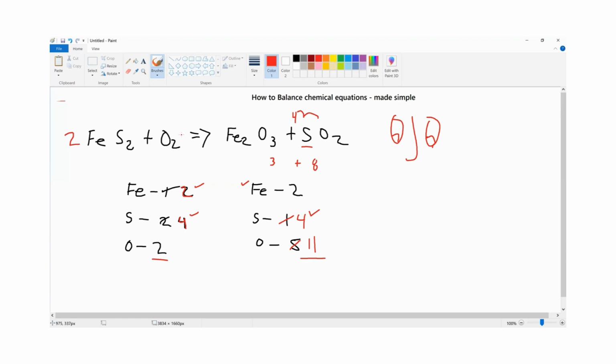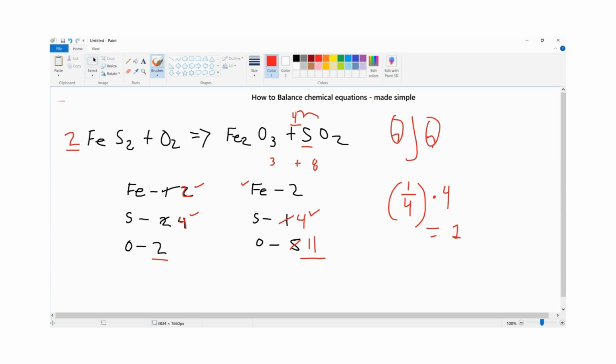What can I do to get 11 over here? Now think back to fractions. What do we need to do? Have 1/4. What do I need to multiply with to just get the whole number? 4. You get 1.